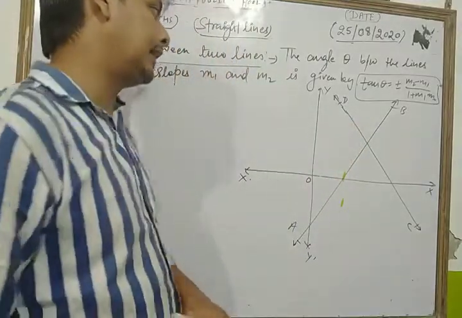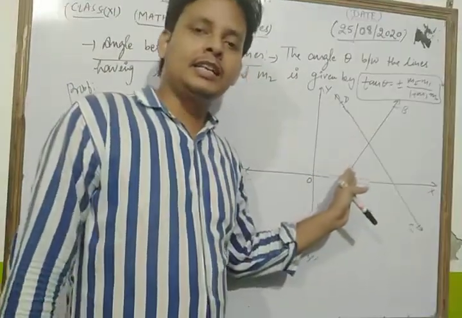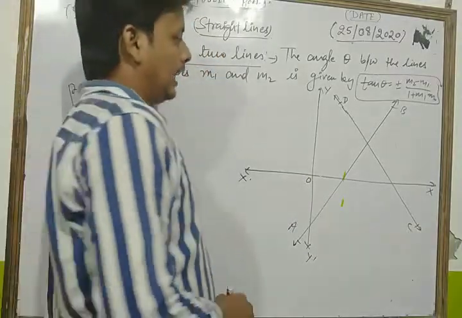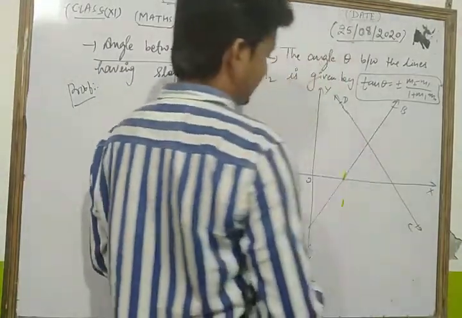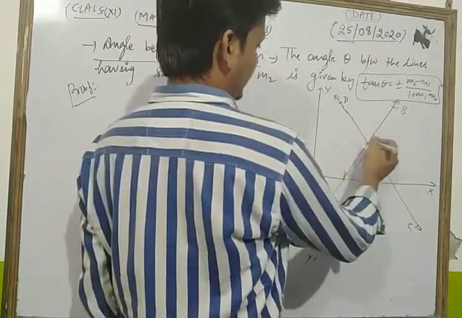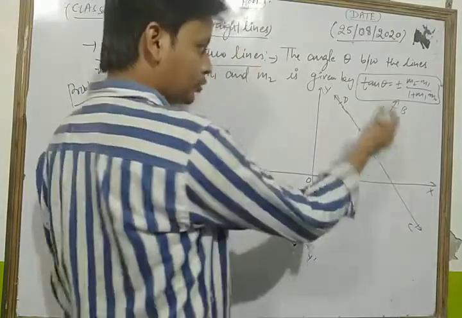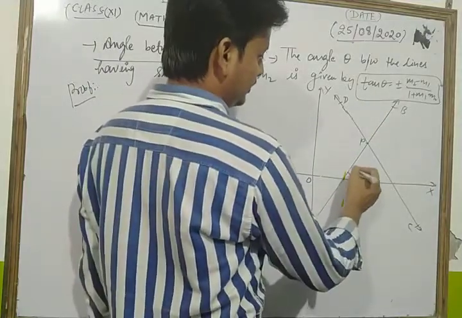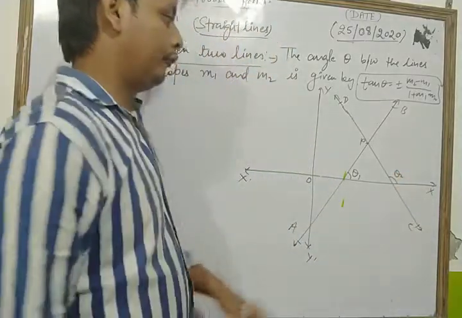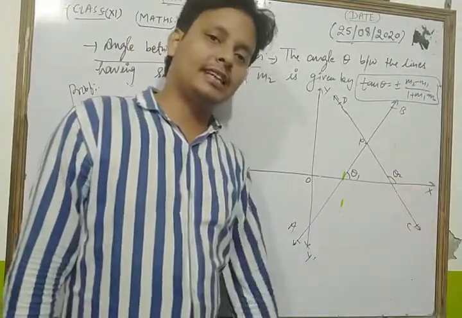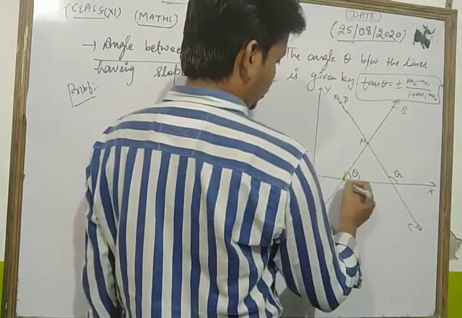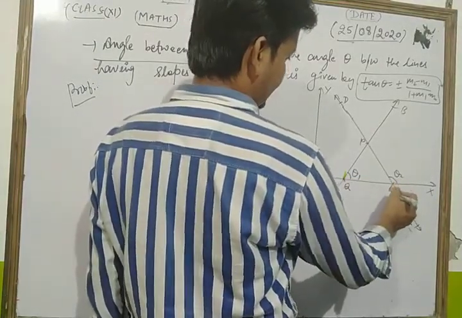They intersect at point, suppose P, and suppose the lines make angles theta 1 and theta 2 with the positive direction of the x-axis. Let us take the other points as Q and R.